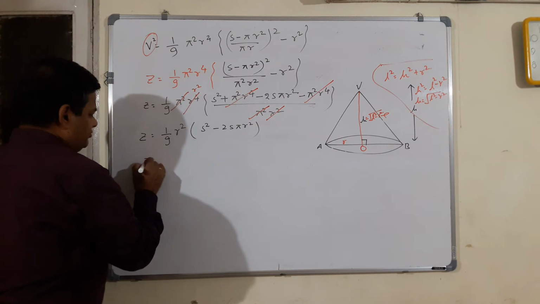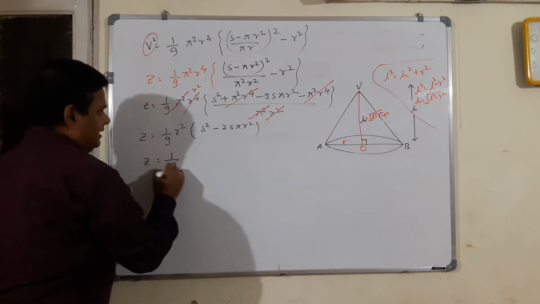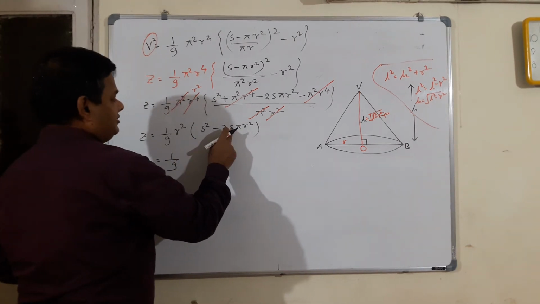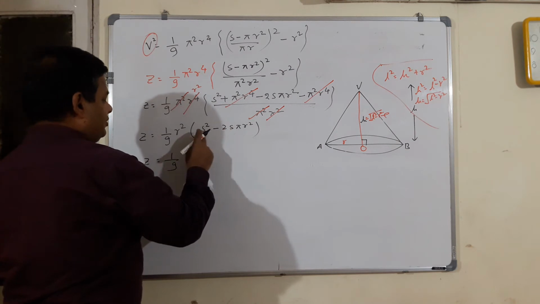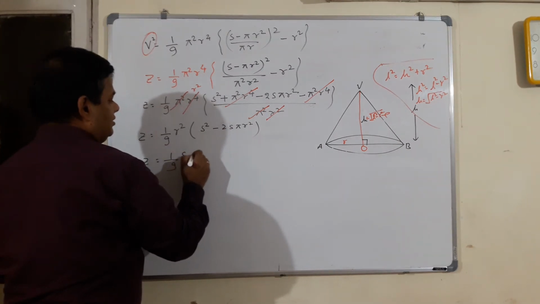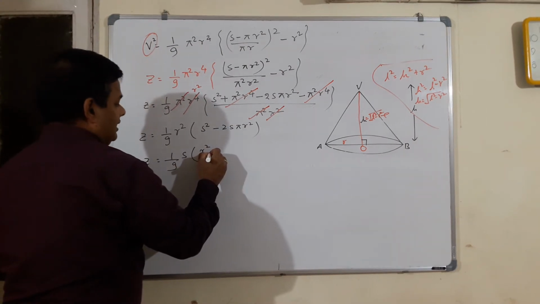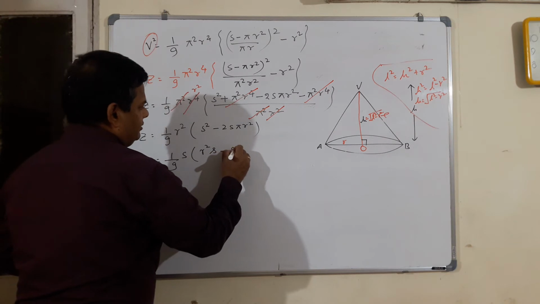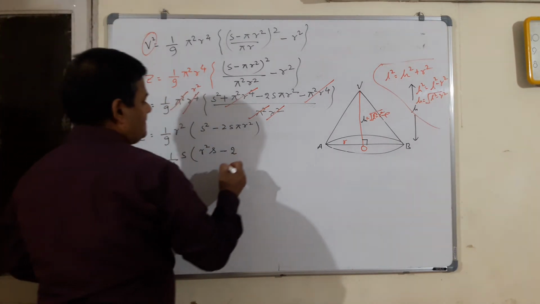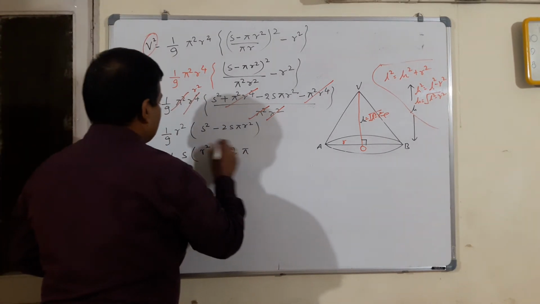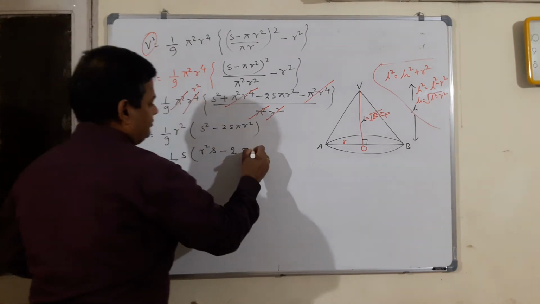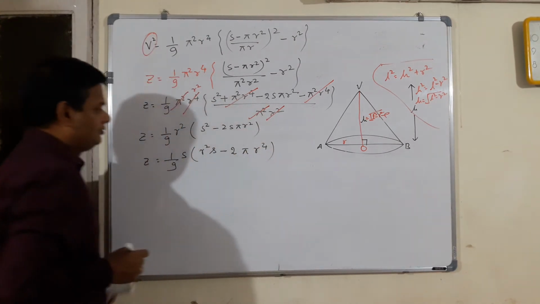So z is equal to 1 by 9. Here s is common, so s is taken out, and r square multiply here, r square into s minus 2 pi r square multiply r square is r raised to the power 4.